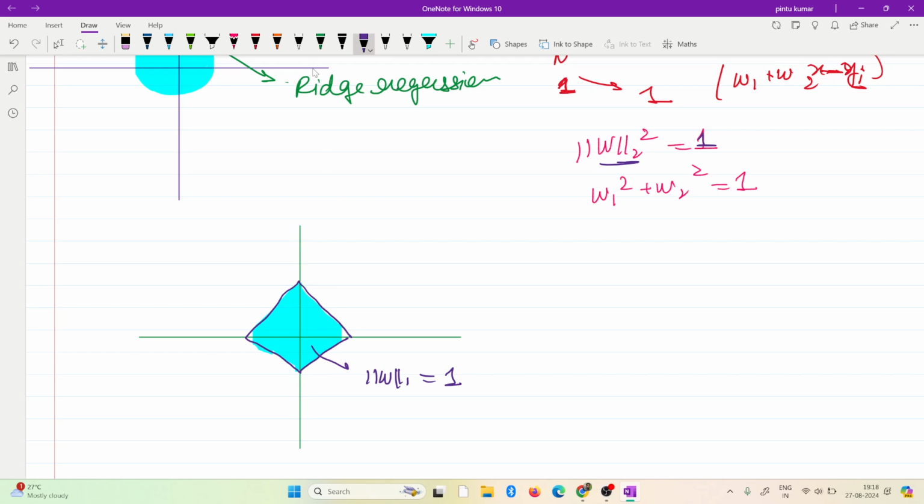Now, again, let's say this is your point where you would have obtained your minimum if you didn't do any sort of regularization. We start drawing concentric circles from here.